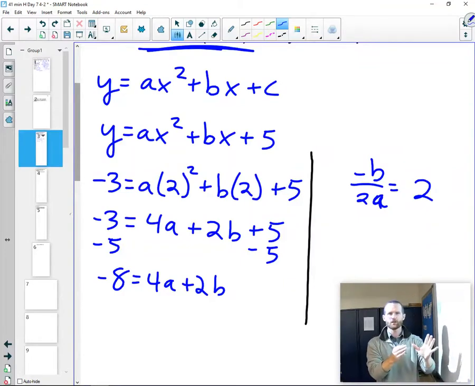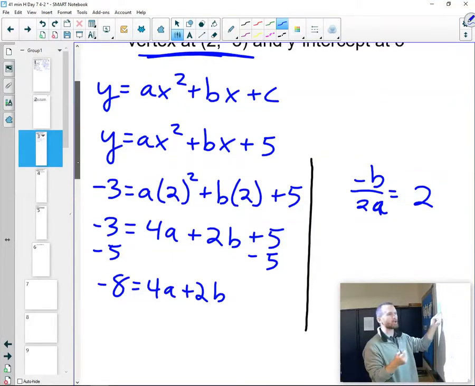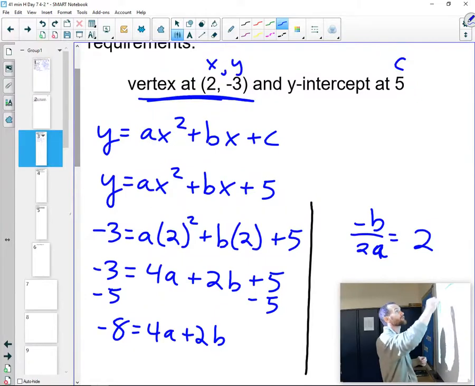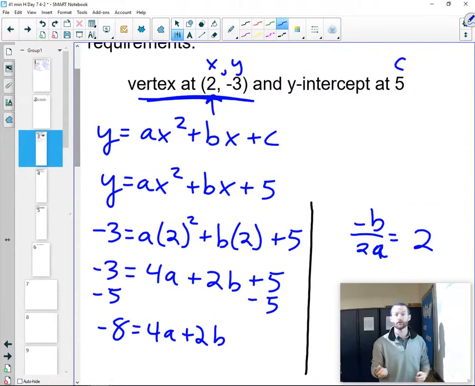That's the key step to this whole example, and really this whole video. Using -b over 2a and saying, okay, instead of plugging in a and b, because we don't know a and b here, we know that -b over 2a will give us the x coordinate of the vertex, so we can set it equal to the x coordinate of the vertex they gave us. We can set it equal to 2. Hopefully that makes sense.